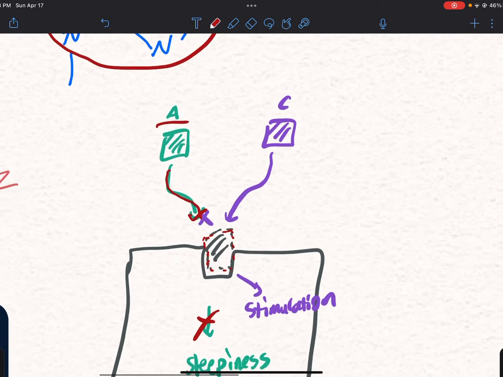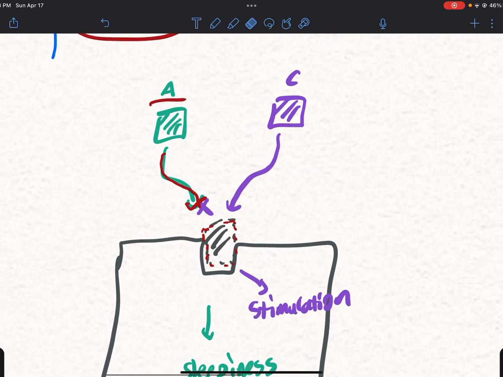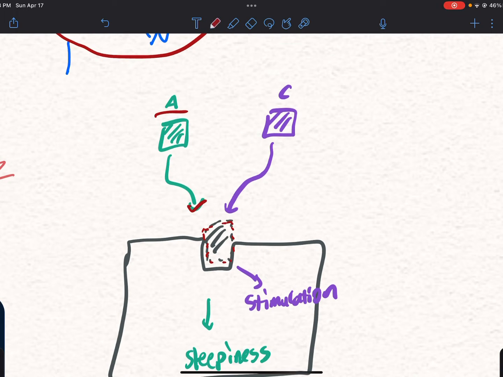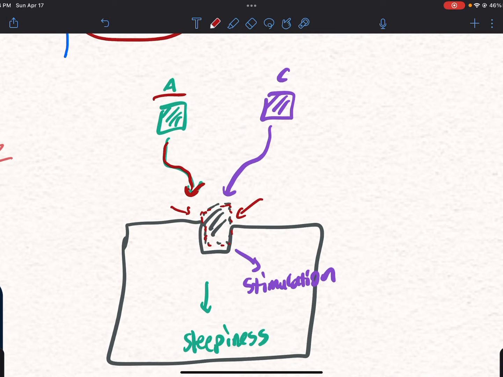So what happens is normally adenosine comes around and binds in this structure, this receptor is what they're called. Think of a car parking in a parking space or Legos attaching. There's many different types of receptors for adenosine, but this receptor, adenosine comes, binds, and promotes sleepiness.